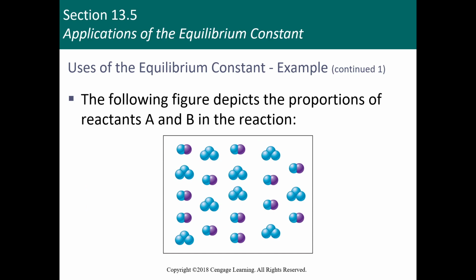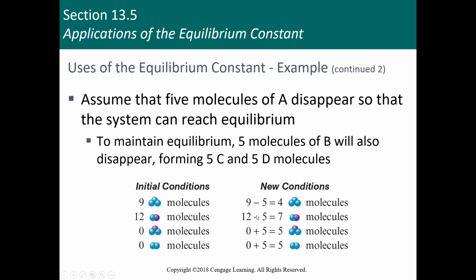So the following figure is going to depict the proportions of reactants A and B in the reaction. Right there. So if we count those up, this would be our initial conditions. So assume that 5 molecules disappear of A so that the system can reach equilibrium. So we have 5 of these disappear, leaving us with 4.